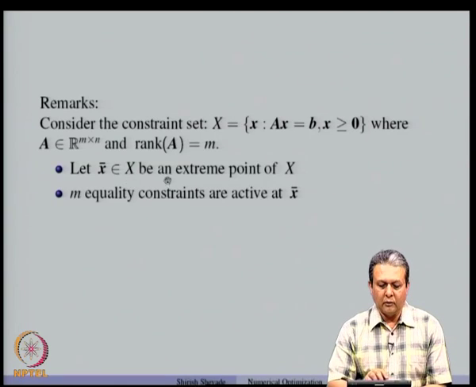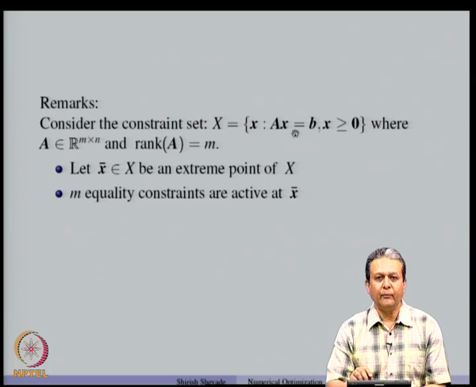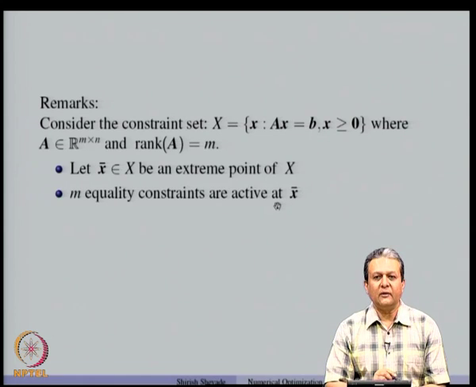Now, since x bar belongs to X, it has to satisfy all the equality constraints, because at every feasible point all the equality constraints are active. So, there are m equality constraints which are active at x bar, and since it is an extreme point, we know that there are n linearly independent hyperplanes defining the extreme point x bar. So, out of n, m constraints have come from the equality constraints.